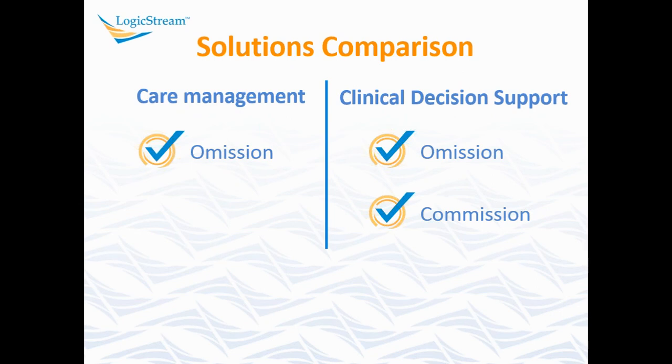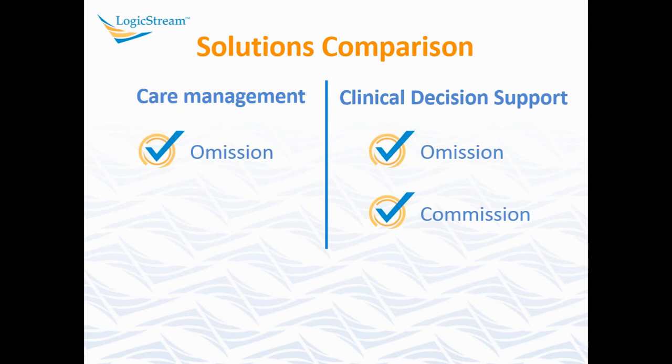So looking at solutions to reach those aims, we'll talk about two strategies. First, care management strategy. Typically this would involve hiring up or rededicating resources to manage care. An example of this would be for diabetics who haven't had their hemoglobin A1C in the suggested interval.